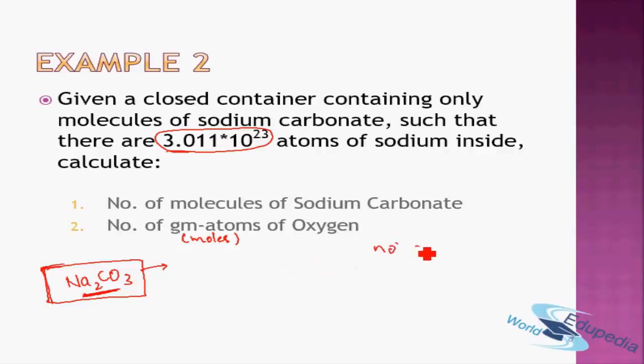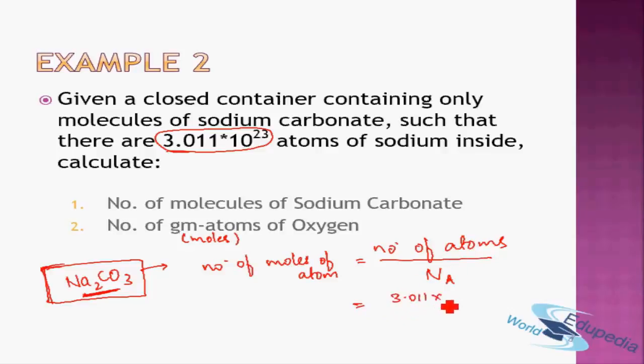Using the same formula that we studied in the question before this one, number of atoms divided by Na will give me number of moles of atoms. And what is the number of atoms of sodium? It is 3.011 into 10 to the power 23 divided by Avogadro number, which is 6.022 into 10 to the power 23.